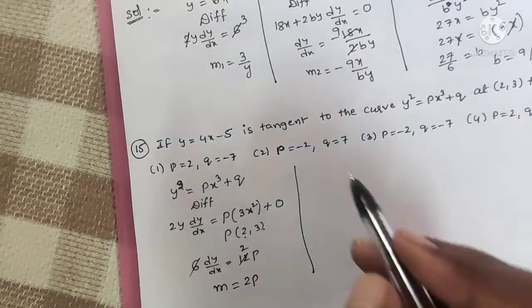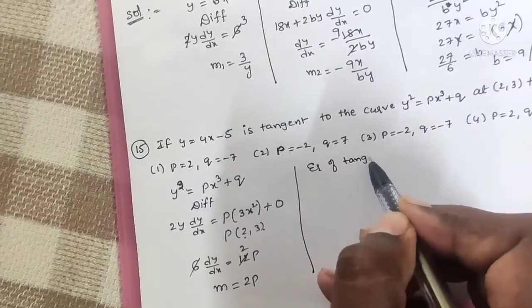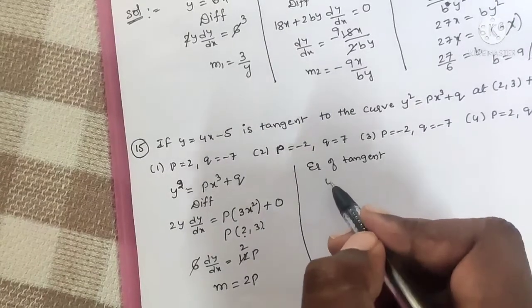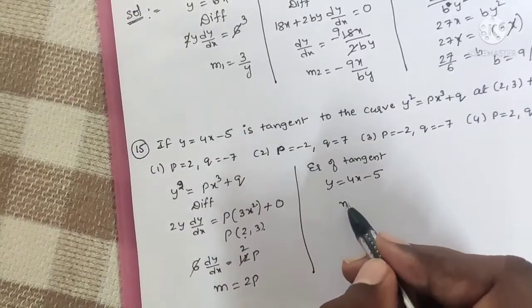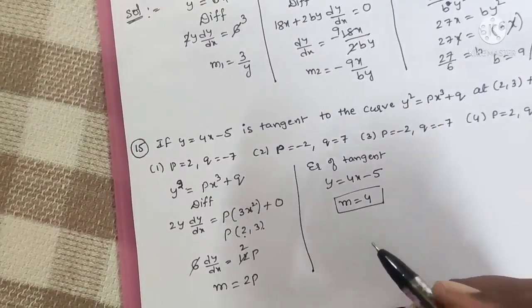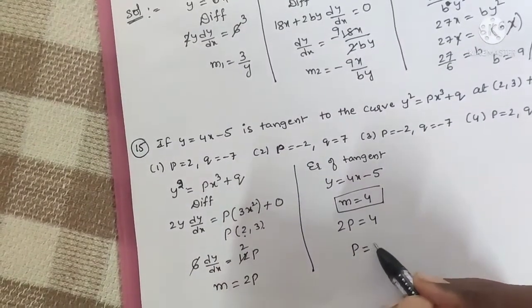Now I am finding the equation of tangent. They are given y equals to 4x minus 5. It is in the form of y is equal to mx plus c, then m value is 4. In place of m you can write 2p equals 4. Then p equals 2.